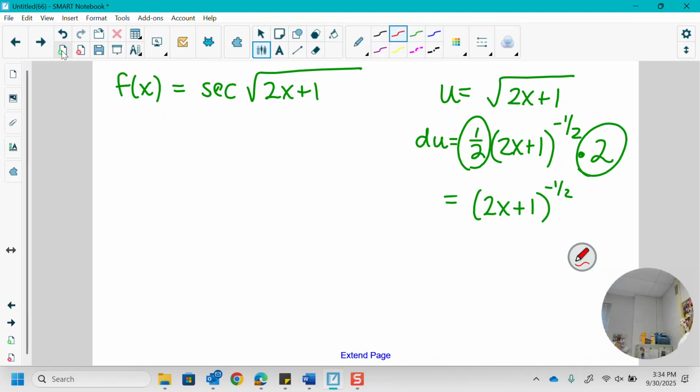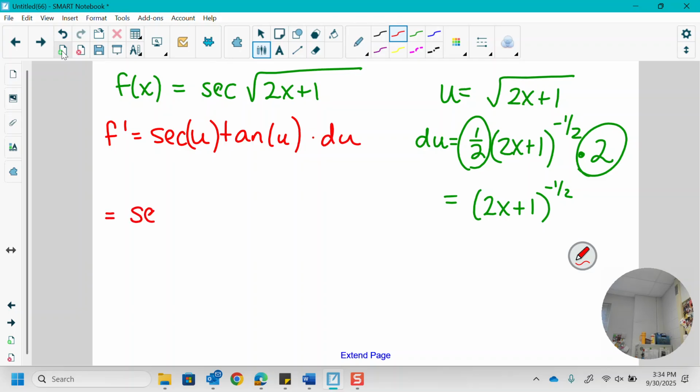Knowing that, the derivative of the secant of u is the secant of u times the tangent of u times the derivative of u.